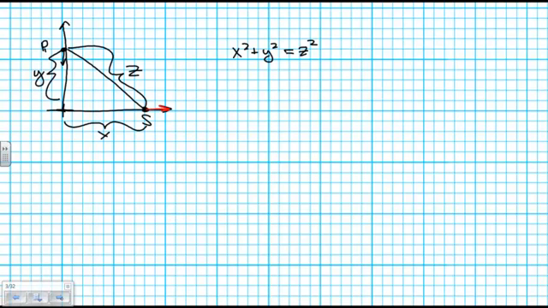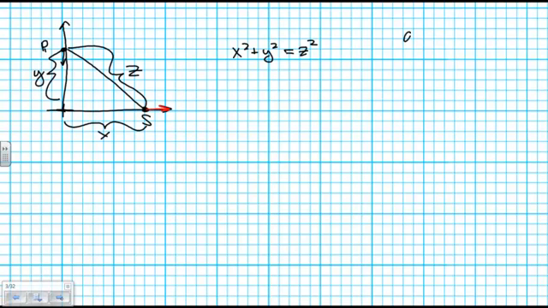Now, what do I want to find out? I want to find out how fast the speeding car is going. Now, in calculus notation, what is it that I want to find out? The change in x with respect to t. How much is this distance here changing as time passes?